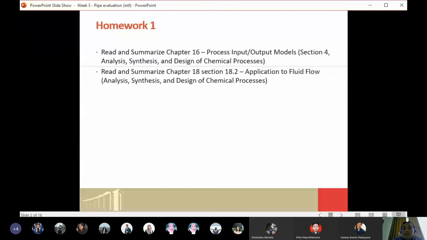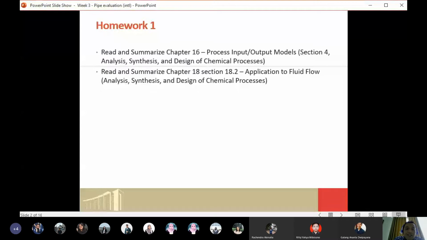Chapter 16 explains how to make a clear input and output model or analysis. As I mentioned before, to understand the problem and the process, you have to define clearly the input and output, the feedstock and the product, the specification of the inlet and the specification of the outlet.